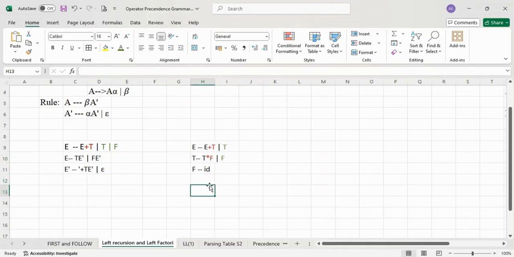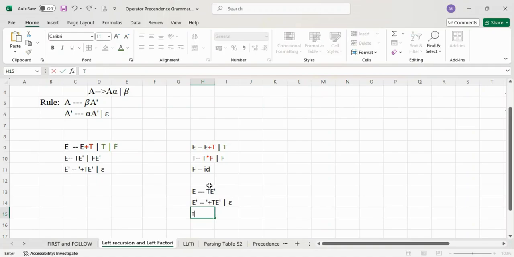Now according to the rule, I write E giving beta A dash. What is my beta? The one which is highlighted in green. So I write beta E dash. I add one more production for E dash. For E dash, I write alpha A dash. My alpha is plus T E dash, and I add a production epsilon. Similarly for T, I will write beta T dash, and for T dash I will write alpha.